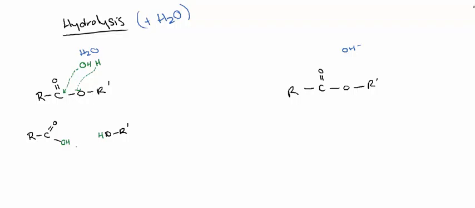And you can see there that our ester has been split back into a carboxylic acid and an alcohol. It's important to take note that this requires certain conditions to occur. So those conditions are reflux and an acidic environment. So if you're writing an equation for this, you would use reversible arrows, H+ to show it's an acidic environment, and reflux to show it needs to be heated for an extended period of time.